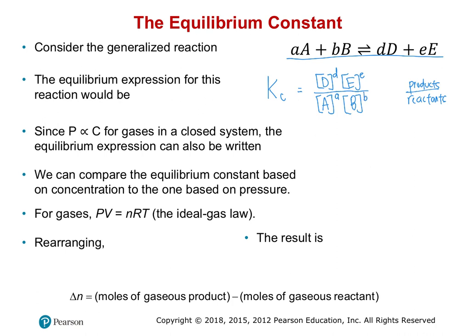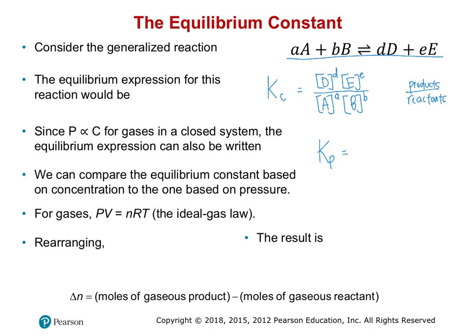And then we have divided by our reactants, which are A raised to the a power and B raised to the b power. Now, in the case that we have molecules that are all gases, we're going to have some kind of pressure that is exerted. Now, pressure and concentration are related. If I have a higher concentration, then I'm going to have a higher pressure. So when I have a closed system of gases, my equilibrium constant can be found for the pressure, which is Kp.